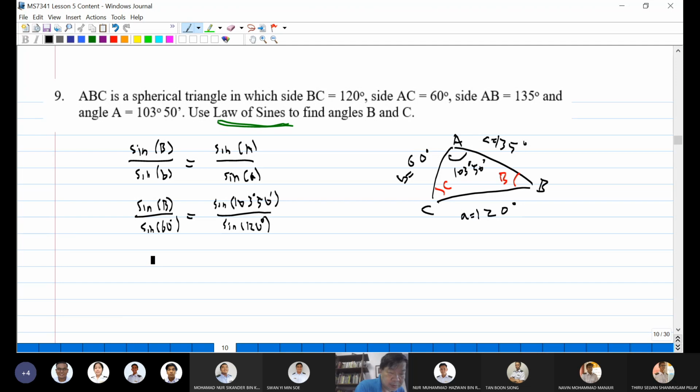So rearrange them to make angle B the subject here. So this is actually sine 103 degrees 15 minutes times sine 60 over sine of 120.